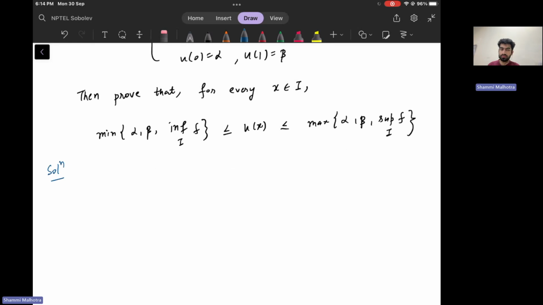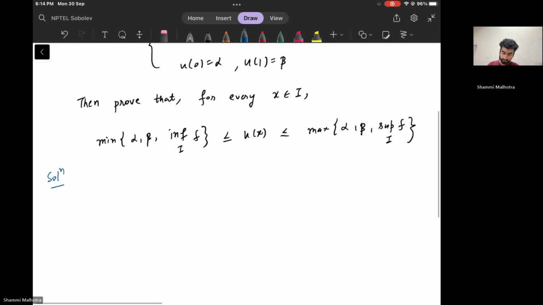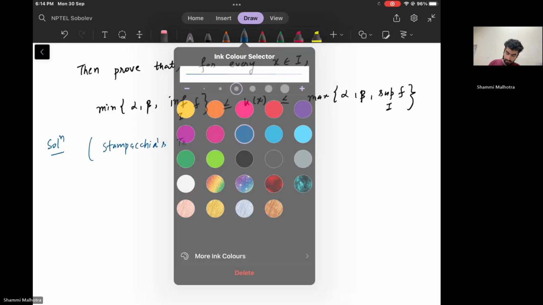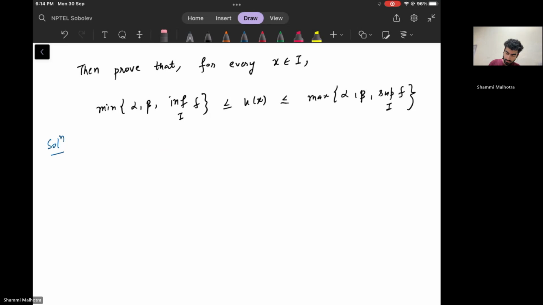To prove this, in fact, this is known as the truncation method.